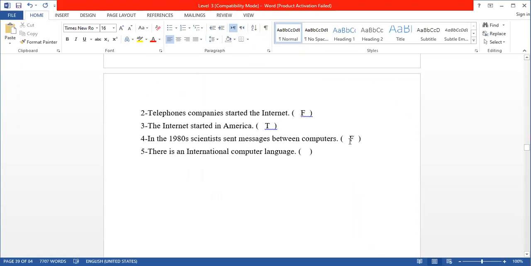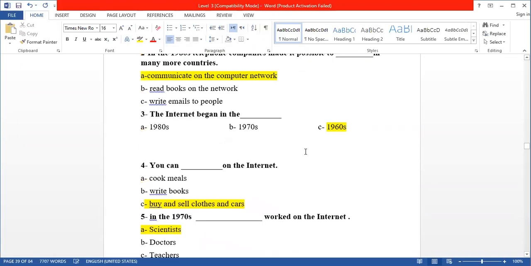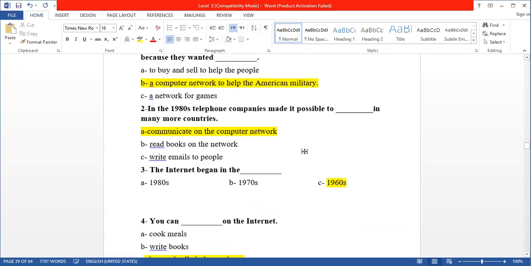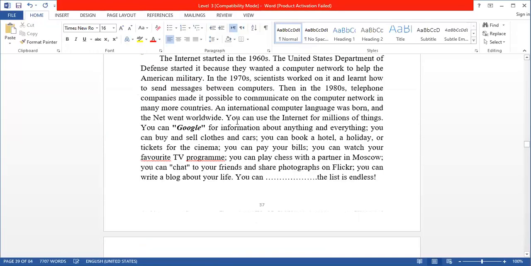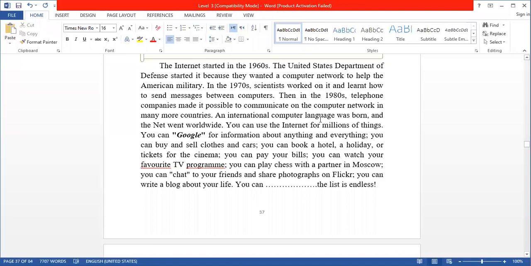There is an international computer language. Is it true or false? He said that an international computer language was born when the internet went worldwide.